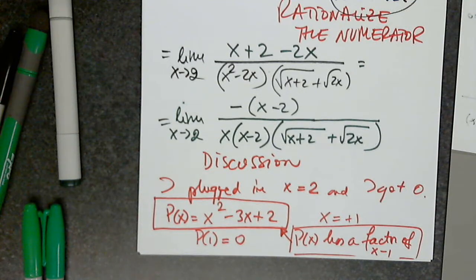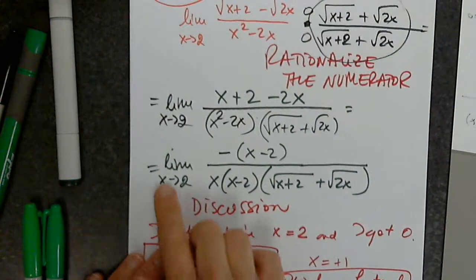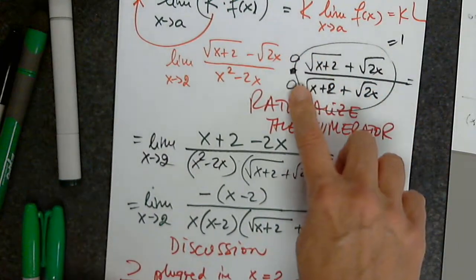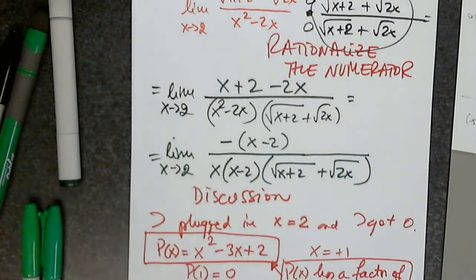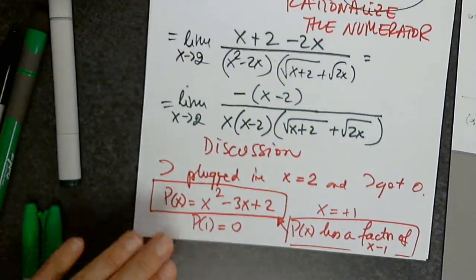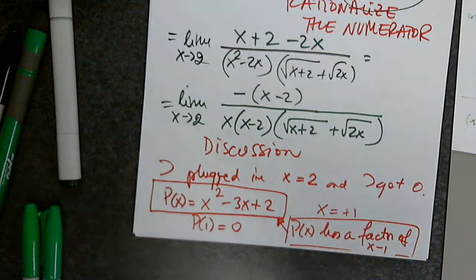X minus 2. So when I plug in 2 and I get 0 over 0, it is guaranteed that the top has a factor of x minus 2 and the bottom has a factor of x minus 2. Guaranteed. Of course it's there.